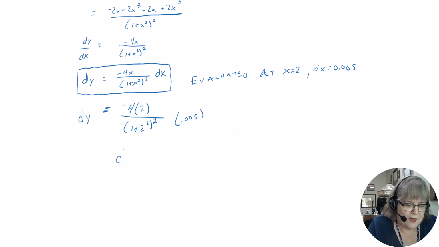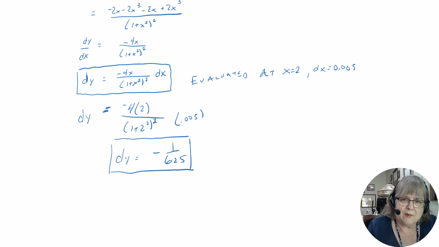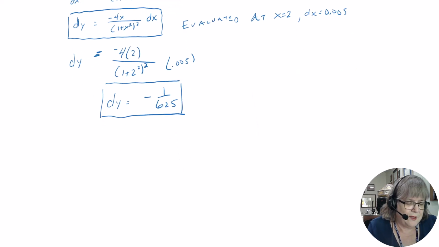So it turns out, after you reduce it down a little bit, it's minus 1 over 625. Now, you may be going, I'm not even sure what this means. Okay, so let's do an example where maybe it'll make that a little bit more clear.